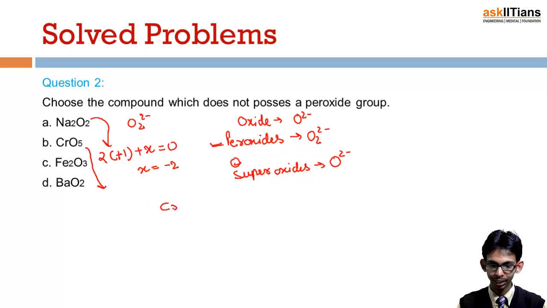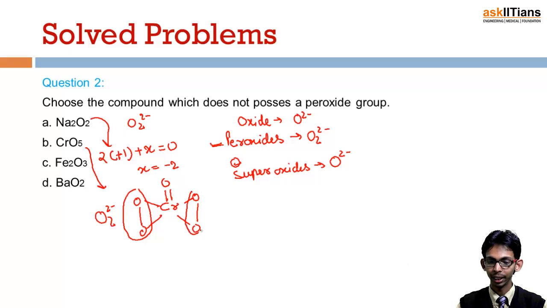A chromium in the center, an oxygen here, and 4 oxygens at these corners, bonded in this form. So if you see, these are actually nothing but O2 2 negative. So it contains peroxide ions, so it is also a peroxide.